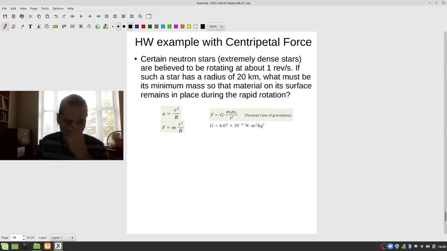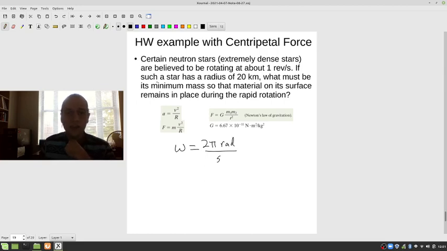You've got neutron stars, supposed to be very dense. They have a radius of about 20 kilometers, so they're very dense, very small, and they rotate very fast, 1 revolution per second. Okay, so in this case, the omega would be 2 pi radians per second.